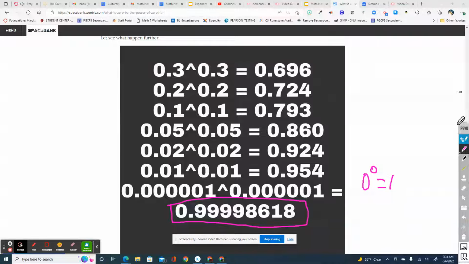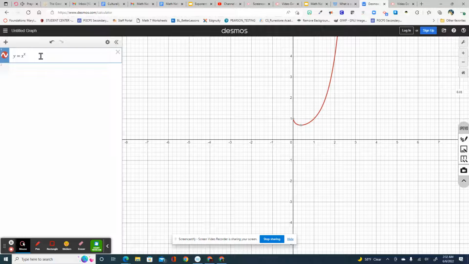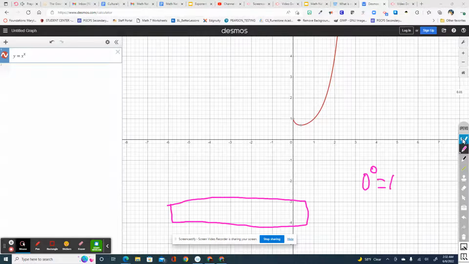Now let's use a graph to convey the same concept. I already graphed the function for us right here, x to the power x. So this is the graph that we see. We are still using the concept of limits.